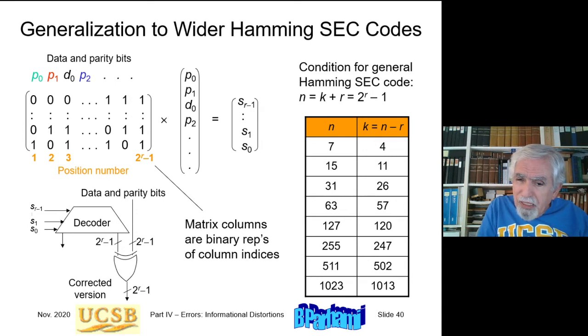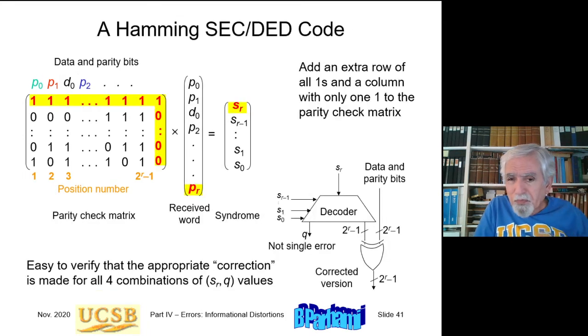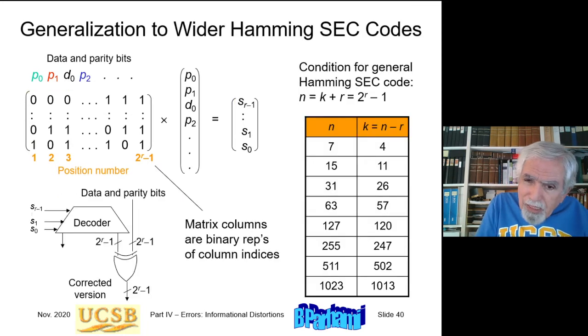So for large values of k, you roughly need log 2 k redundant bits. And I mentioned at the beginning of our discussion that that's the minimum amount of redundancy that can allow you to correct a single error. Therefore, Hamming codes are very efficient.